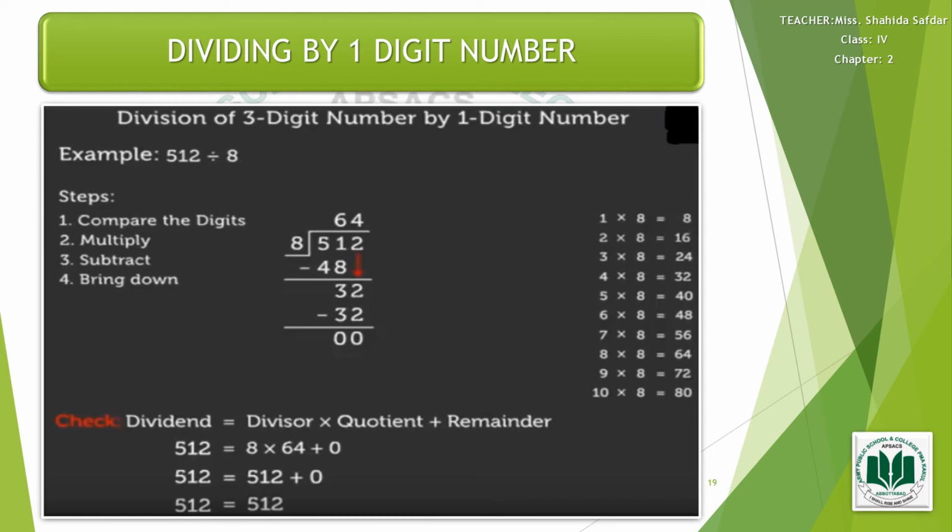Now it's time to check our answer by using the relation: dividend equals divisor multiplied by quotient plus remainder. By putting the values, dividend equals 512, divisor equals 8 multiplied by quotient which equals 64 plus the remainder which is 0. That is 512 equals 512, which indicates that our answer is correct.